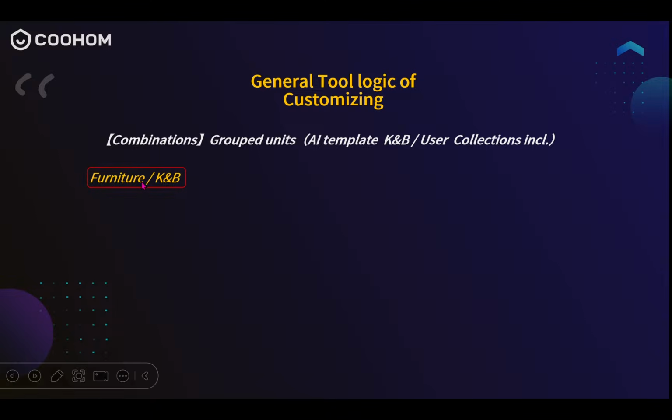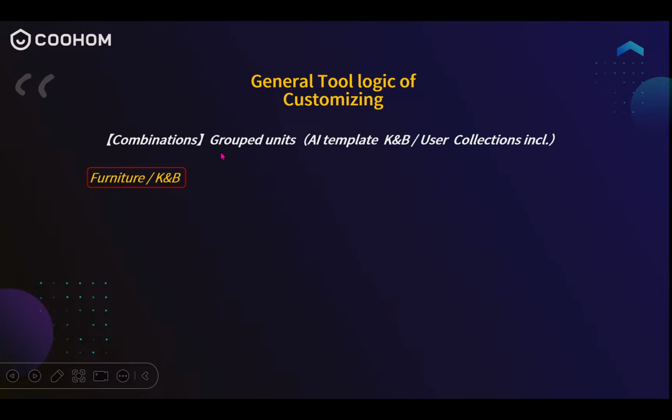So first, for furniture or kitchen customized cabinets or even bathroom customizing, we use this kind of logic very widely, and even for customized doors and windows, it also shares the same logic. Yeah, the biggest logic is the combination.